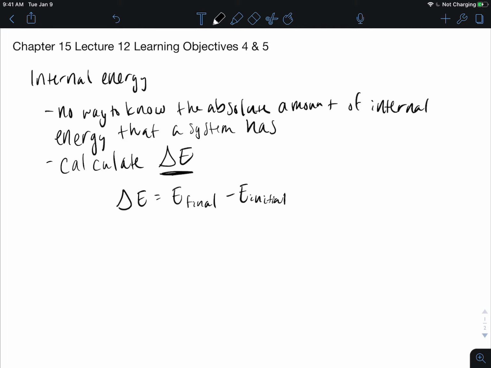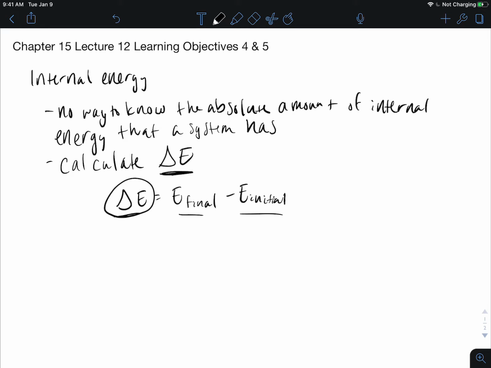Now, having said that, if our change in energy depended on more than just a final and initial state, this would not work. But because our change in energy only depends on our final and initial state, this is a thing we can actually calculate without knowing absolute internal energy values. So this idea that we can calculate something using only the final and initial state is kind of the defining thing that we see with our state functions.